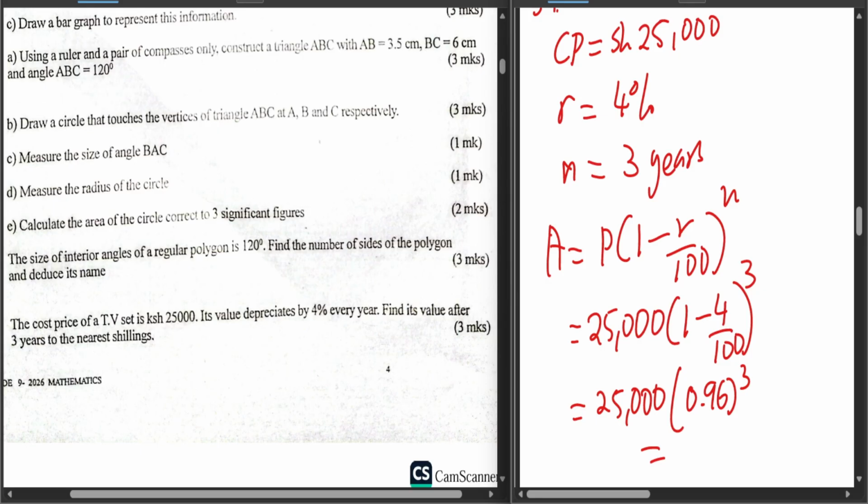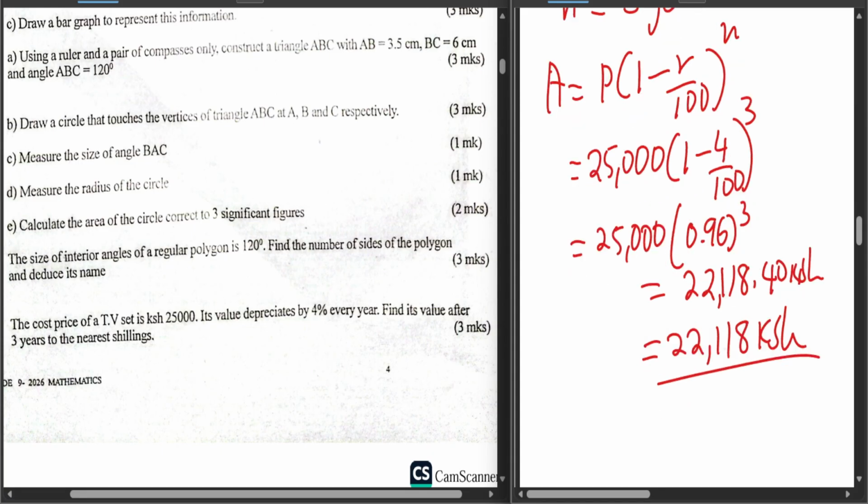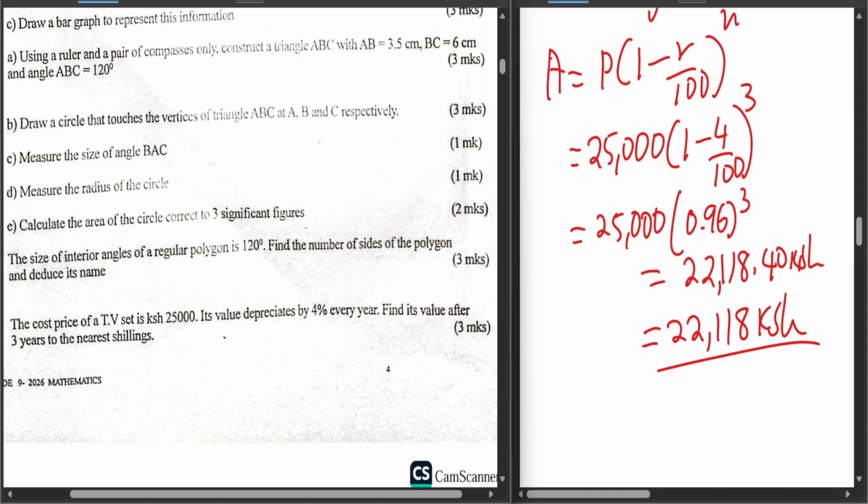The answer to this question is supposed to be 22,118.40 Kenya shillings. But to the nearest shilling it is supposed to be 22,118 Kenya shillings.